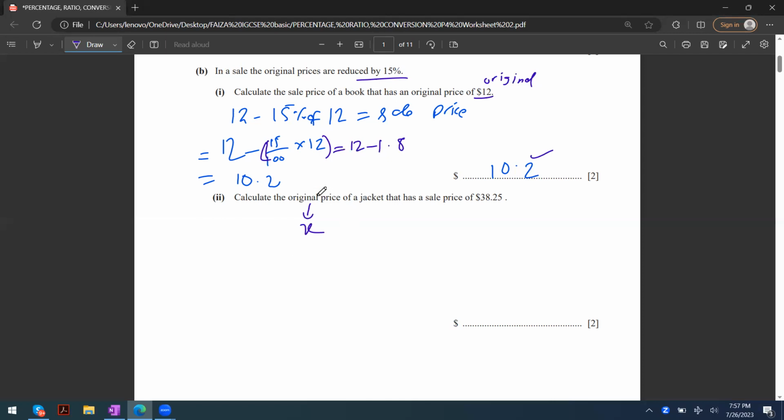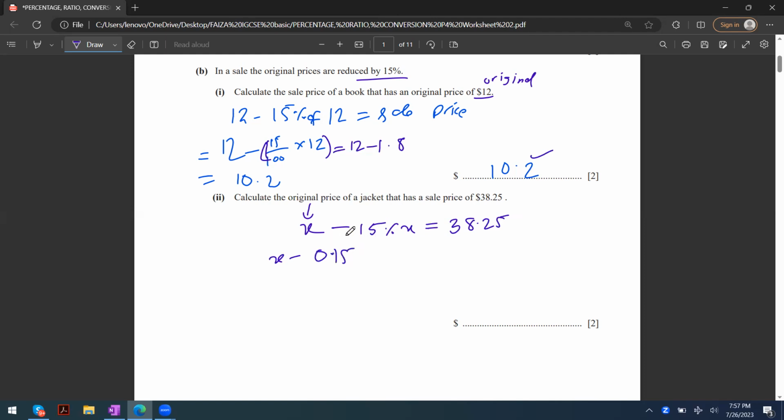Part B, calculate the original price of a jacket that has a sale price of 38.25. Original price we don't know, but we are going to subtract 15% of the original price. And that is going to give the sale price, which is 38.25. 15% can be written as 15 over 100 or 0.15.